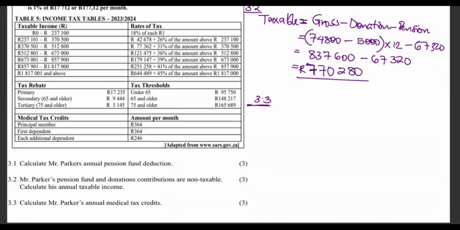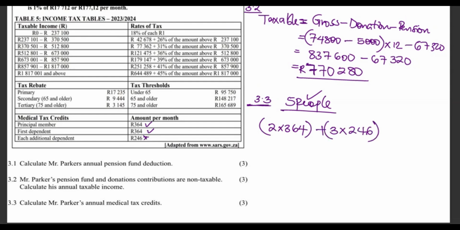Of these 5 people, 2 will cover the same amount: the main member and the first dependent. So I'll say 2 times 364. Of the 5, 2 have gone off, I'm remaining with 3. So 3 times 246. Remember, everything has to be annual.